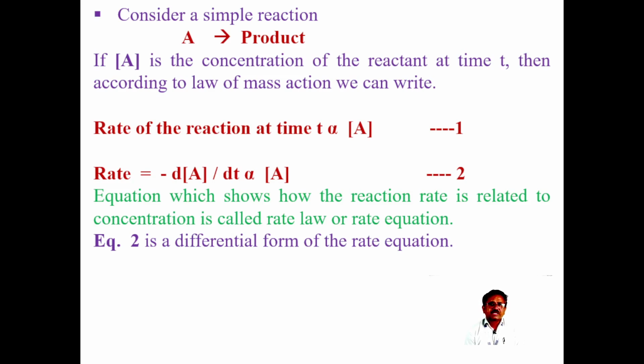Then we can write rate equals minus d[A] upon dt, that is directly proportional to [A], the concentration of A. So the equation which shows how the reaction rate is related to the concentration is called the rate law or rate equation. And this equation 2 is the differential form of the rate equation.